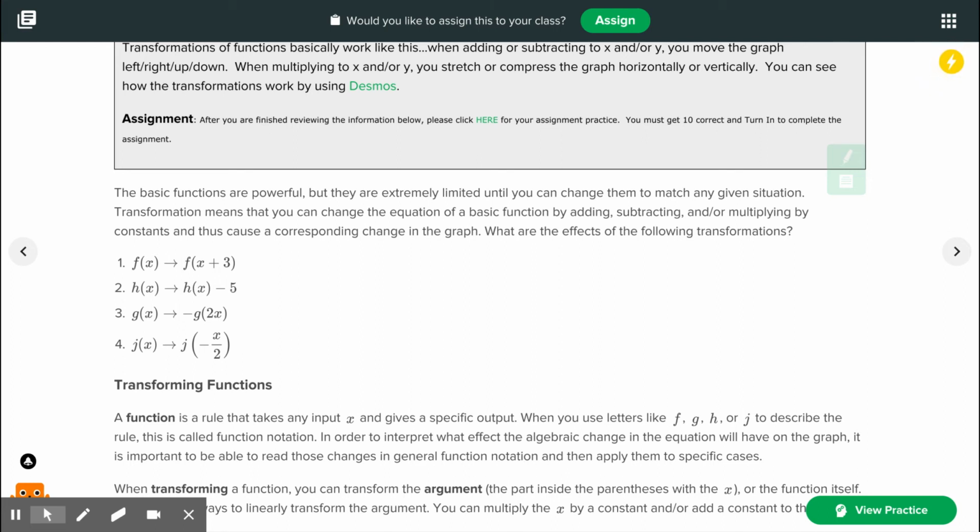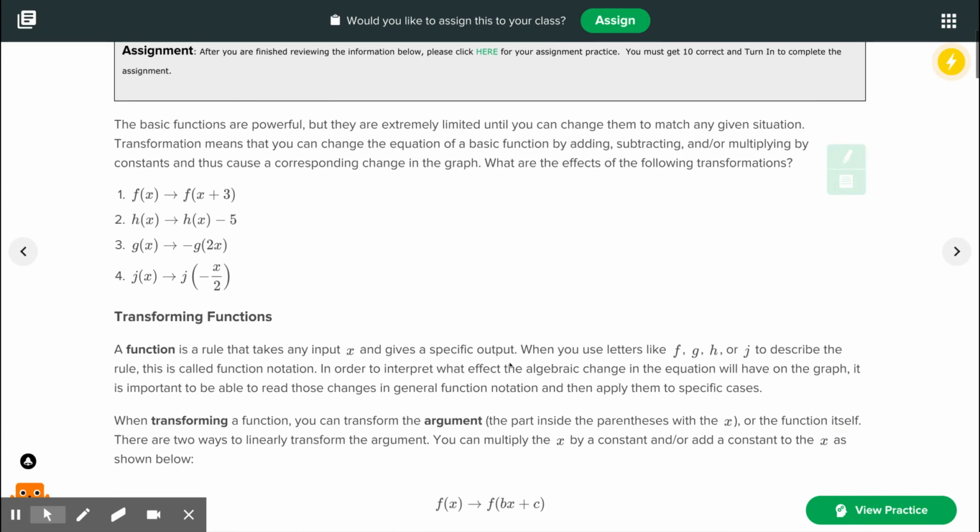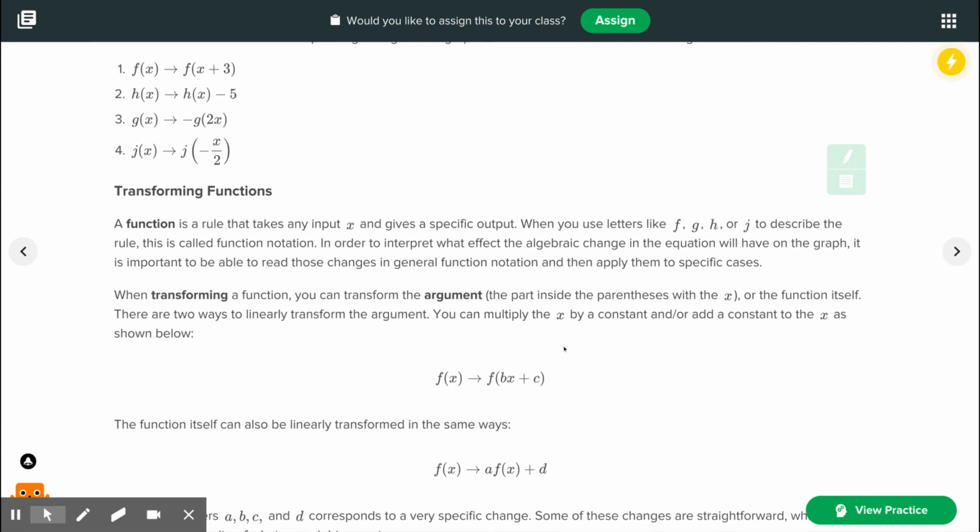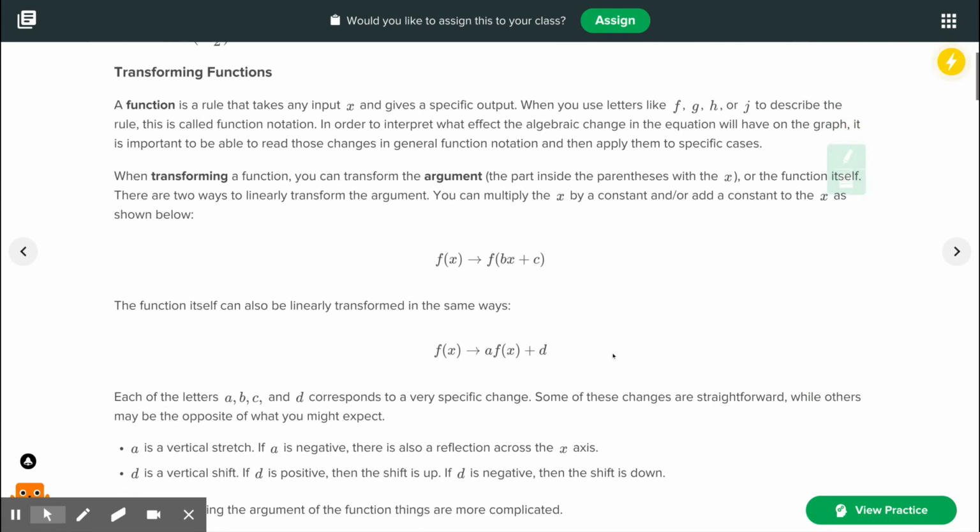So we have different types of transformations, different things that we can do from the original function, the parent function, to a new function. And this is kind of symbolism, really, that we're looking at. Just remember that we are talking about function notation here.